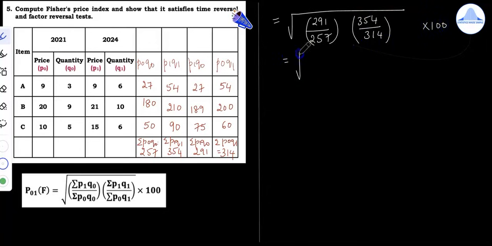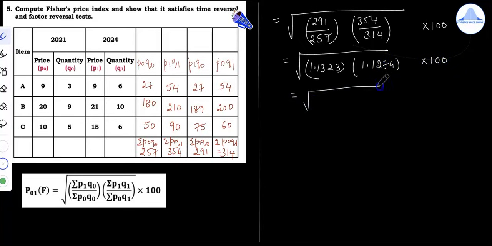So this is equal to, first divide 291 by 257 and take 4 places after the decimal after rounding off. So 1.1323. Similarly 354 by 314 will be 1.1274, outside the root into 100. Next multiply both the terms.